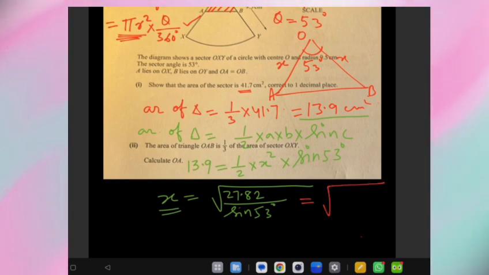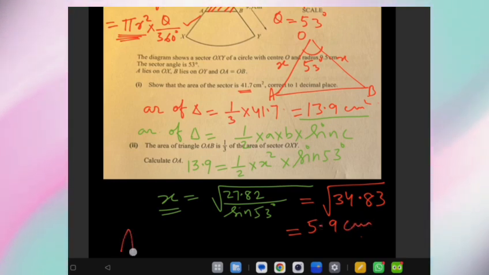Divide it, and this gives you 34.83. Now if you find the root, it is 5.9 centimeter, right? So your AO is equal to 5.9 centimeter.